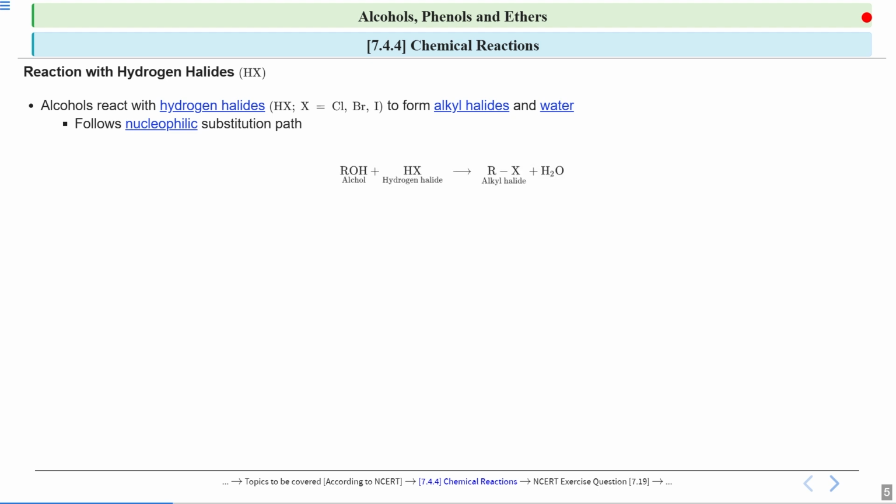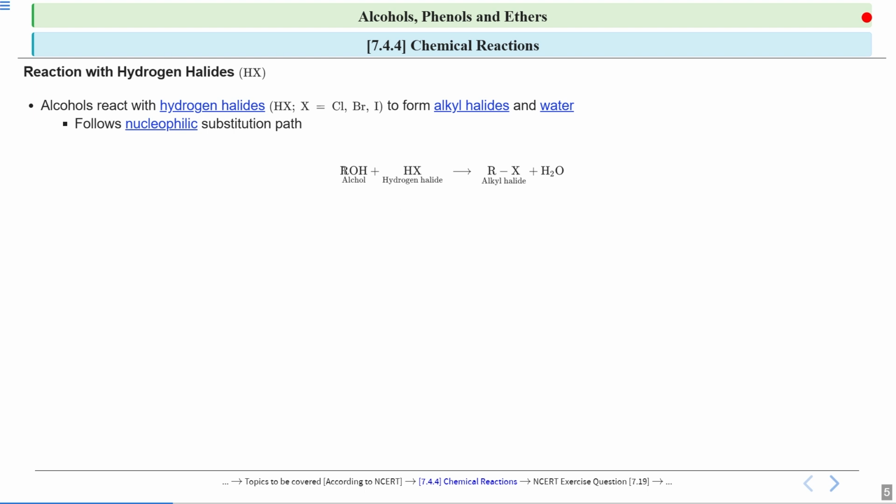Now look at this reaction. Here you can see alcohol, that is ROH, and here you can see hydrogen halide. When you react alcohol with hydrogen halide, you get alkyl halide, and water is being released in this. Now this halide can be chlorine, bromine or iodine. So when alcohol reacts with hydrogen halide to form alkyl halide, there is breakage of the carbon-oxygen bond.